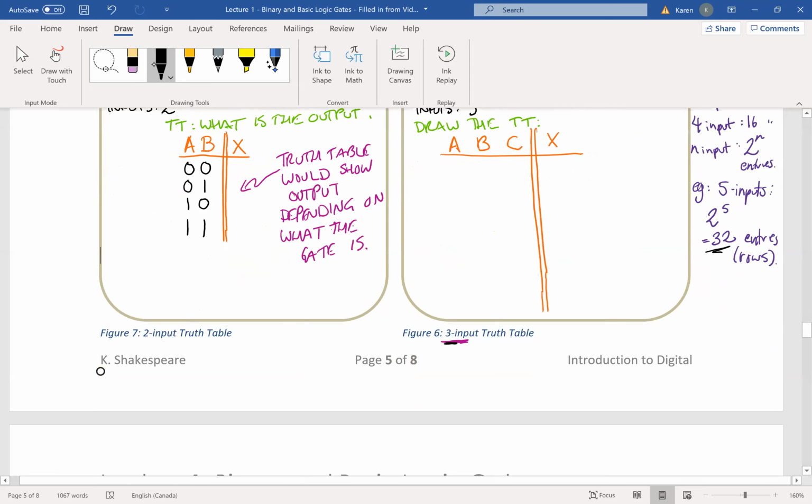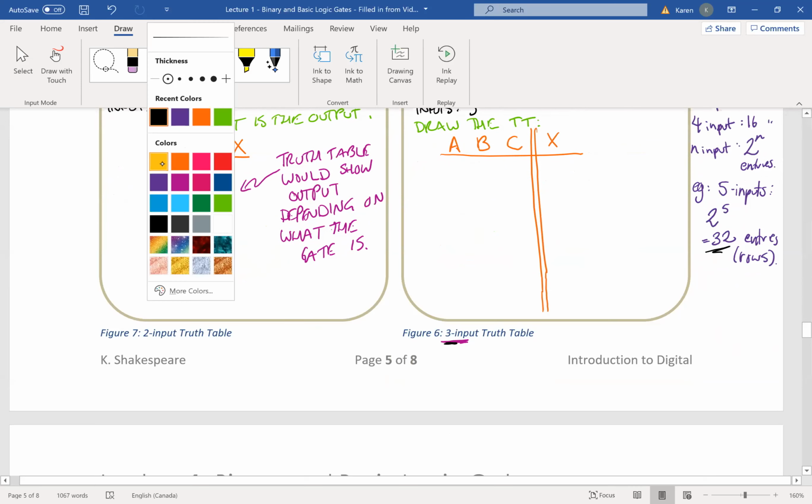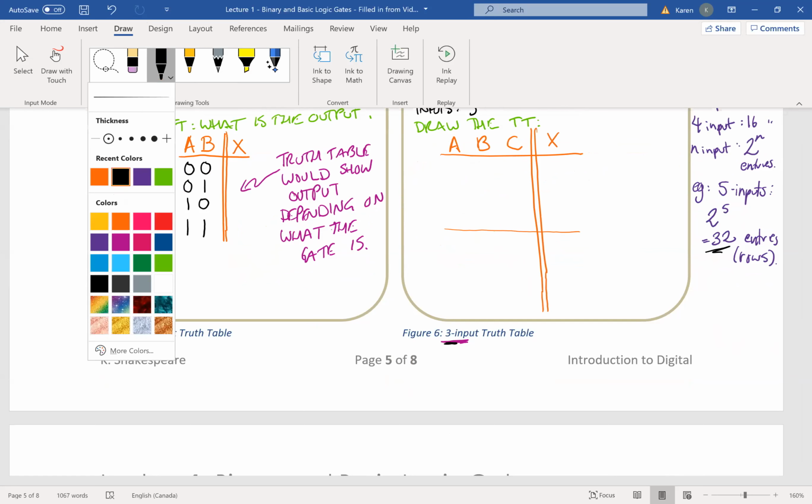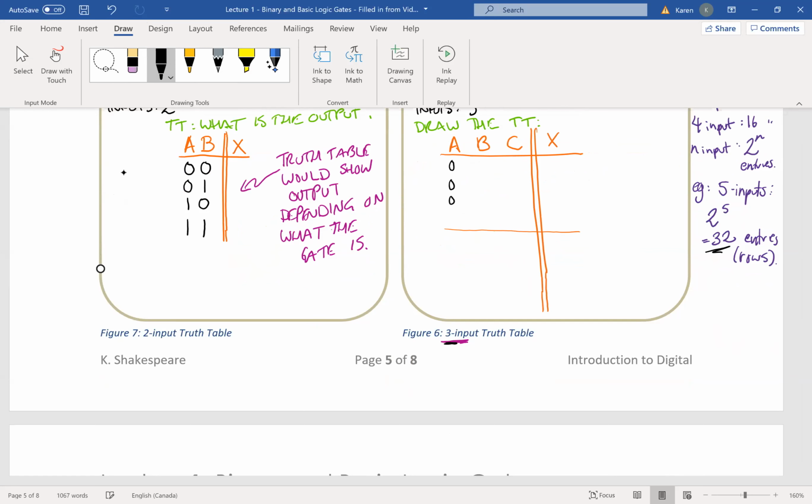So you remember that there's going to be 8 different rows. And what you do is you take your first input and you give it 0s for half of the truth table and 1s for the other half.